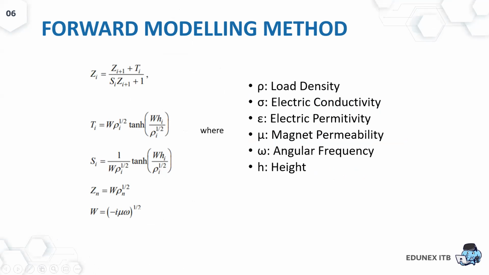It is a derivative from the Maxwell equations. We get the equation to determine the impedance, Z, and the inputs that we use are the density, electric conductivity, electric permittivity, magnetic permeability, angular frequency, and the height of the layer under the ground.